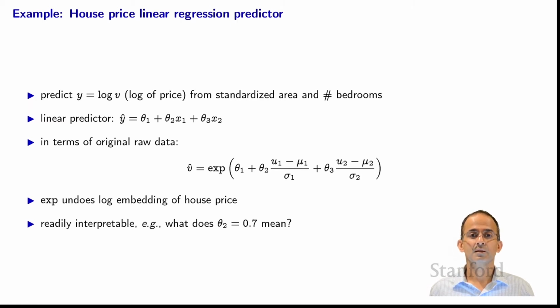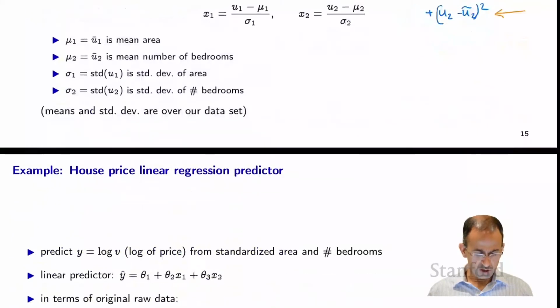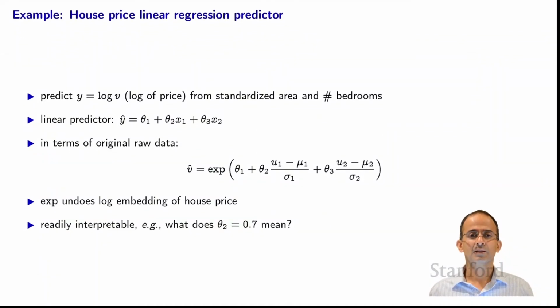It means that every time u1 increases by 1 standard deviation, the price of the house is going to get multiplied by the exponential of 0.7, which is about 2. So every change in u1, which I think is area, by 1 standard deviation doubles the house price.